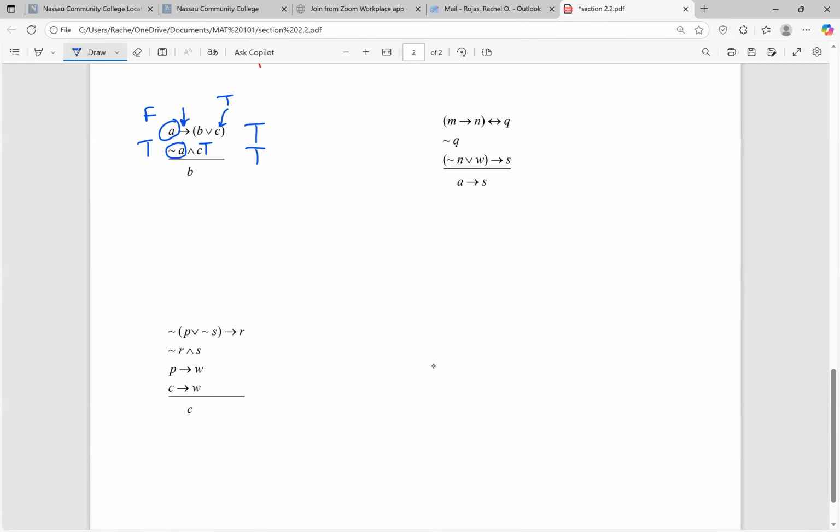And we have a conditional statement that has to be true. So let's think about this. In order for this conditional statement to be true and the left-hand side is false, the right-hand side could also be false because a false implies false is true, but it could also be true because false implies true is also true.